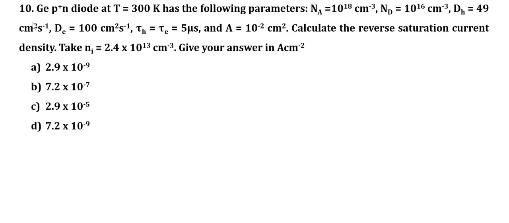So J naught value is given as e Ni square times Dh by Lh Nd plus De by Le Na, and Le and Lh you have to find out as root of De tau e and Dh tau h. So substitute all those things, you'll directly get the value.